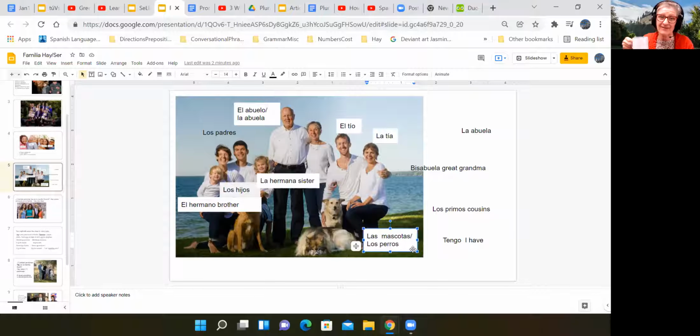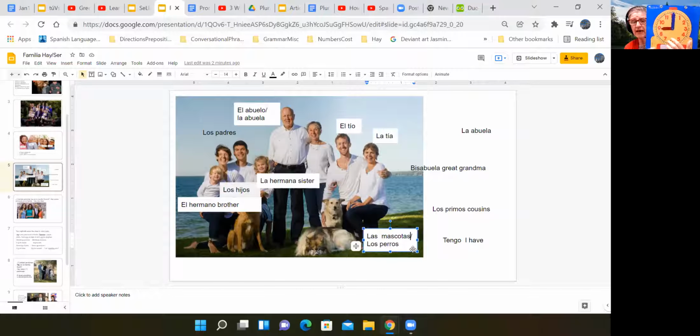It just is. This is kind of a lot to wrap your mind around, but all nouns, whether they are human beings or inanimate objects, have gender. So el reloj, a clock, is a masculine thing. It just is. And notice, el reloj does not end in an O, like hermano, like hijo, like tío.